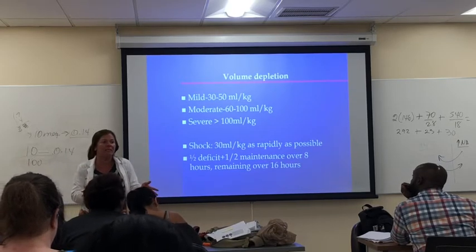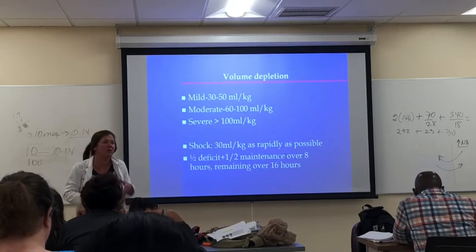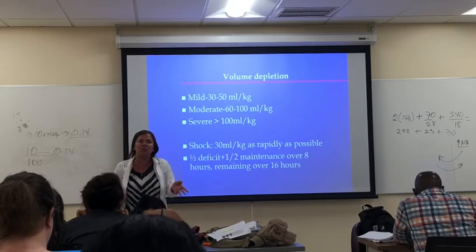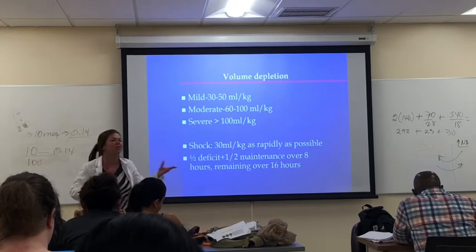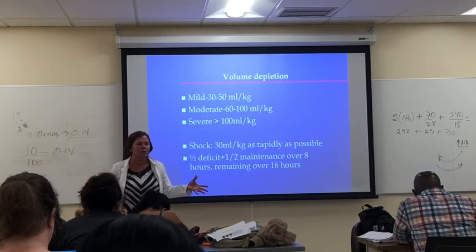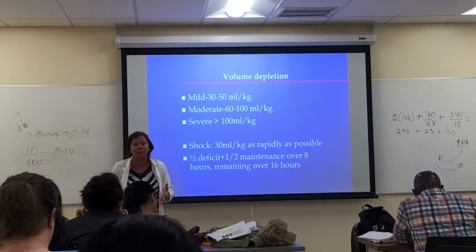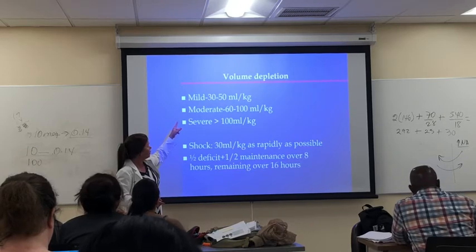Mild will be profuse sweating, or a patient who comes with a BUN of like 24, or a patient on the ventilator who loses fluid. So mild is 30 to 50 mLs per kilo.